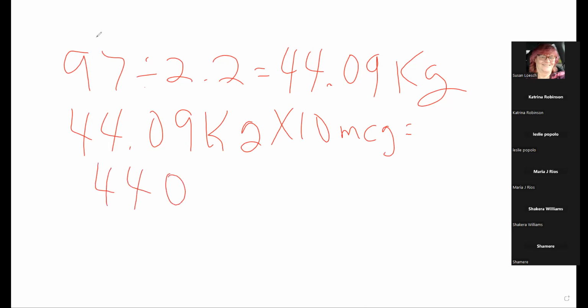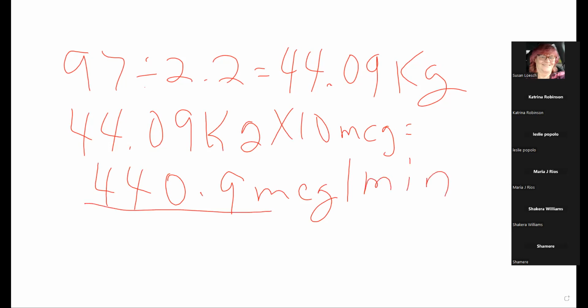That gave us 440.9 micrograms per minute, right? Now we're dividing by 1,000 to make it milligrams. That should give you 0.440 milligrams per minute.